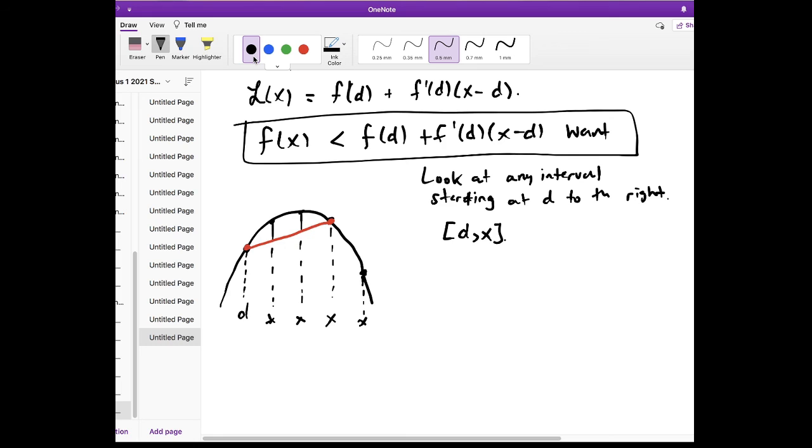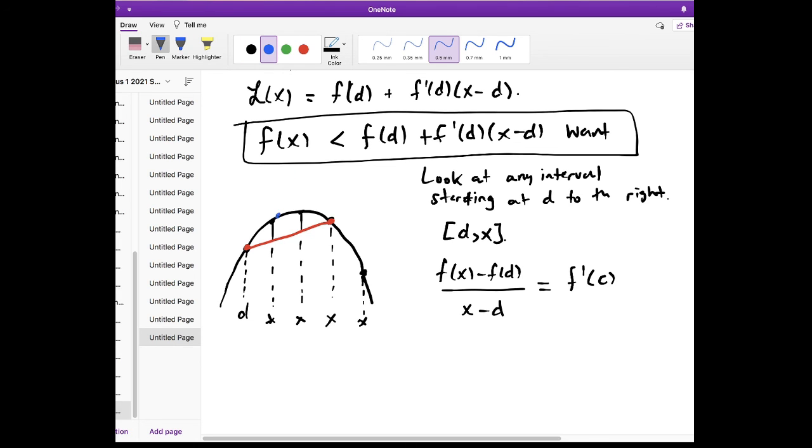What theorem can you say something about the slope of that line? Yes, mean value theorem. So the slope of that line is f of x minus f of d over x minus d, and this is equal to some f prime of c in between.